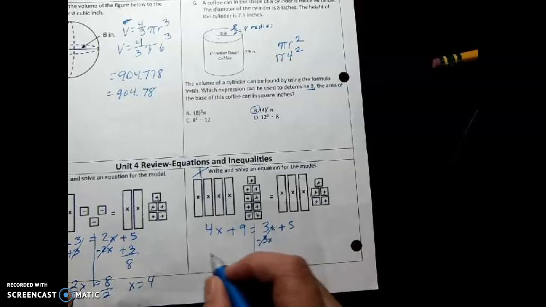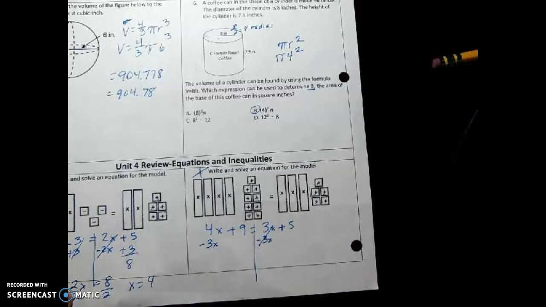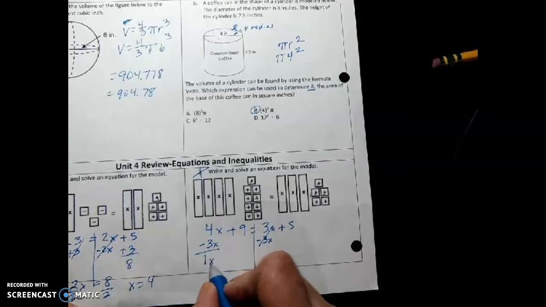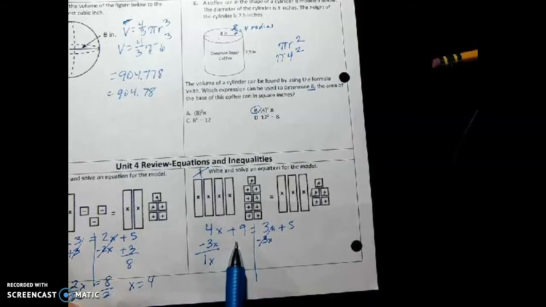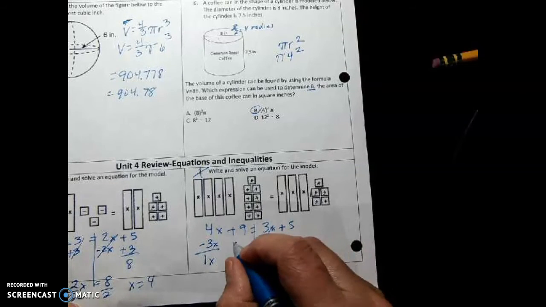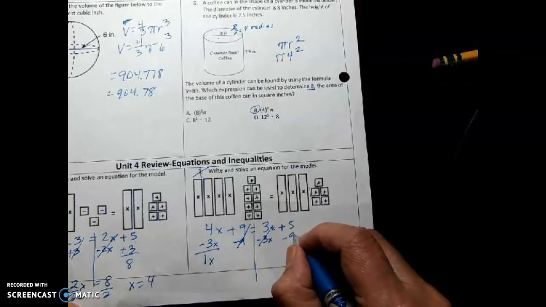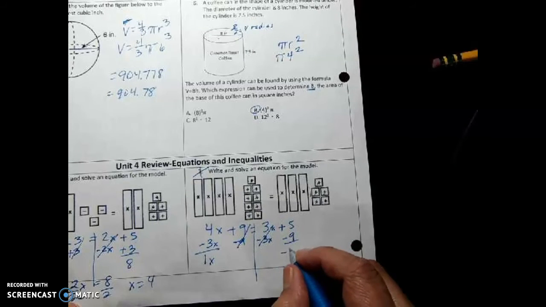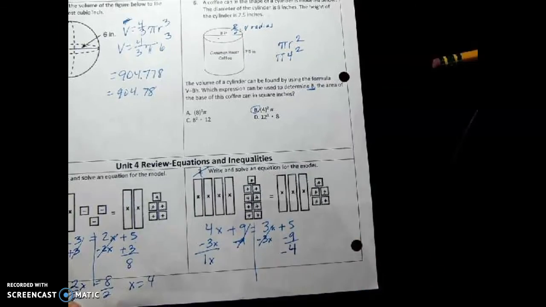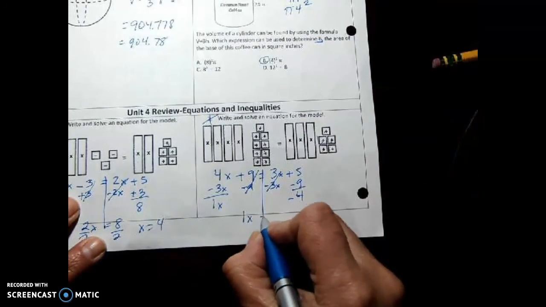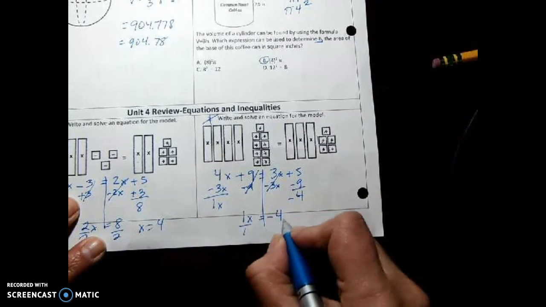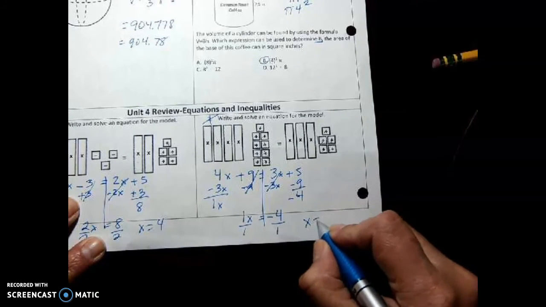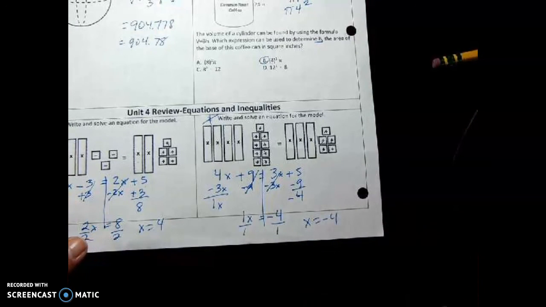Minus 3x. 4 minus 3x is 1x. And I'm going to move my 9 to the other side. So negative 9. 5 minus 9 is negative 4. So 1x equals negative 4, divide that by 1, x equals negative 4.